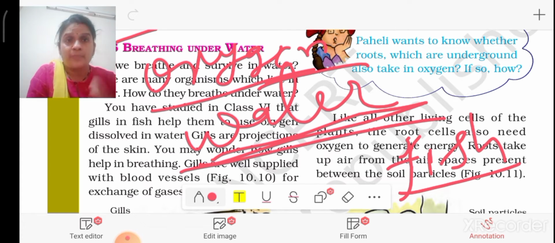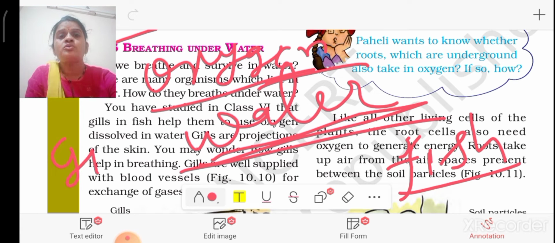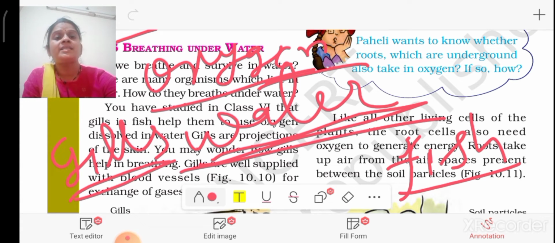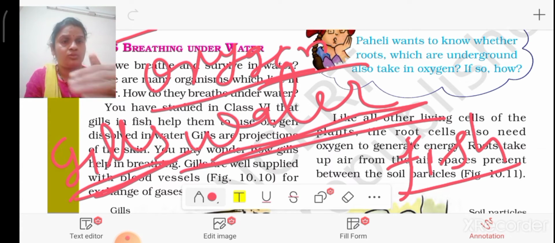Lungs are not capable of taking oxygen from the water. For that reason they have a separate organ which helps them to take in oxygen and release the carbon dioxide. Those organs are the gills. We call those organs gills.